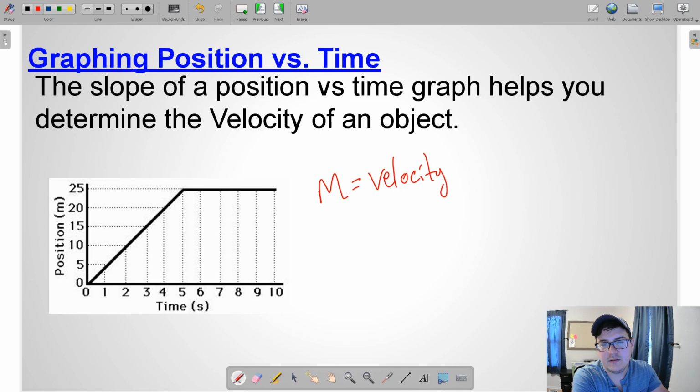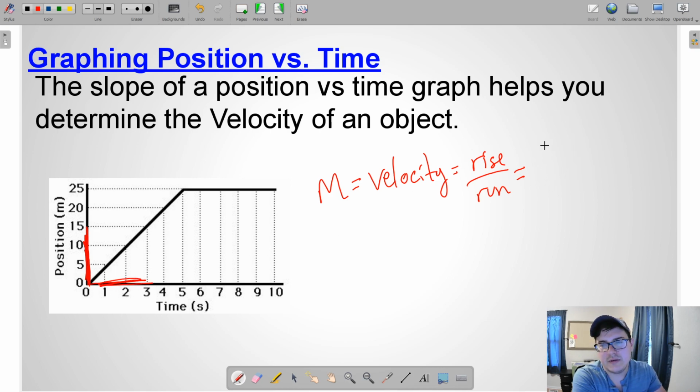And how do we know that? Well, if we look at rise over run for a position versus time graph, this is equal to the change in the y-axis over the change in the x-axis.